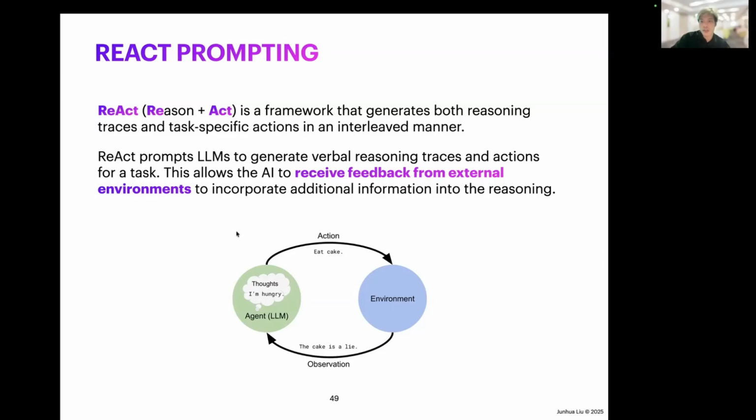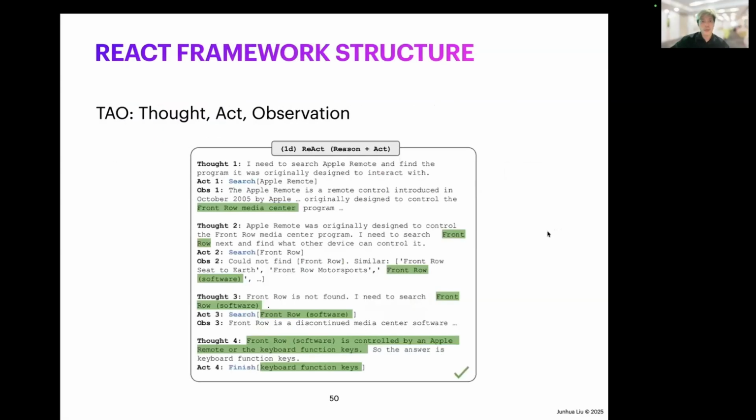ReAct prompts LLMs to generate verbal reasoning traces and actions for a task. This allows the AI to receive feedback from external environments to incorporate additional information into the reasoning. This framework typically follows these three steps. It stands for thought, act, and observation.